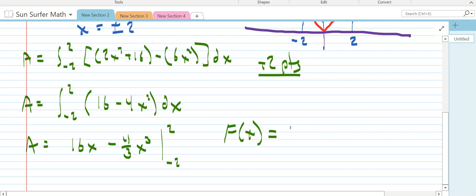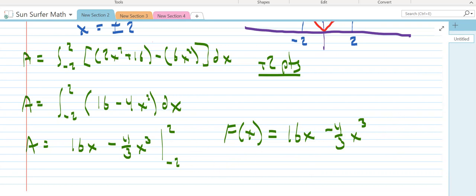My antiderivative is the function 16x minus 4/3 x cubed. And so I'm going to put that in Desmos. And then what I want to do is evaluate that using the fundamental theorem of calculus, which I will do in a moment.